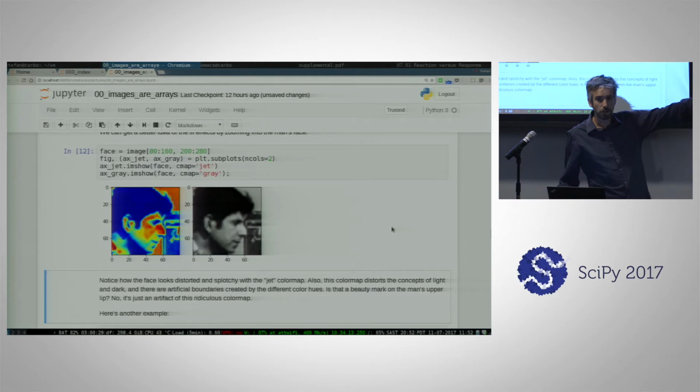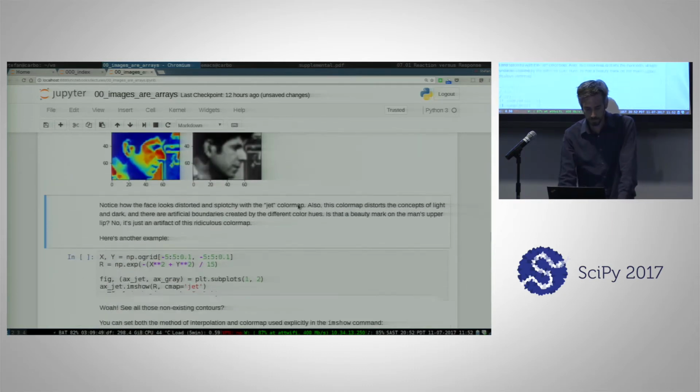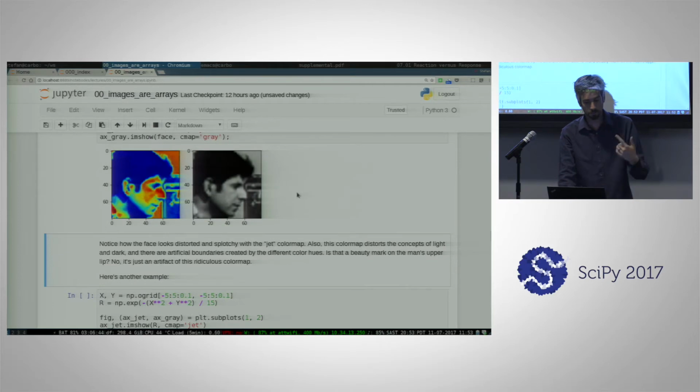That's not real. But that's what we see when we use this specific color map. Matplotlib has now changed its default. It's using Viridis by default, which looks a lot better. But I still have this warning in place because I see a lot of papers being published with this specific color map.